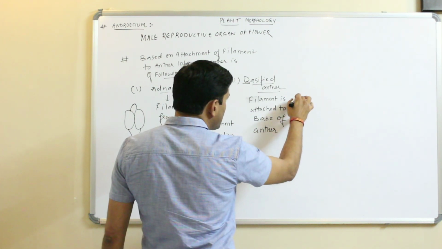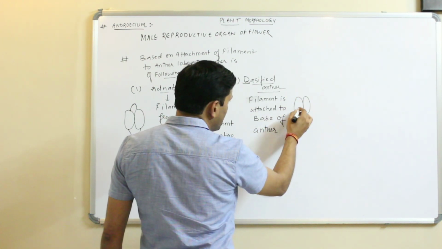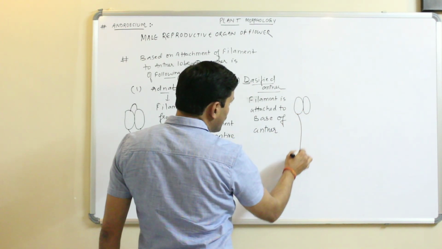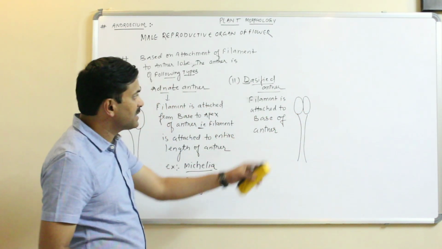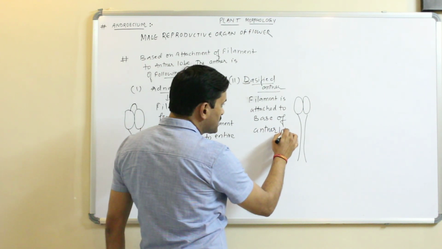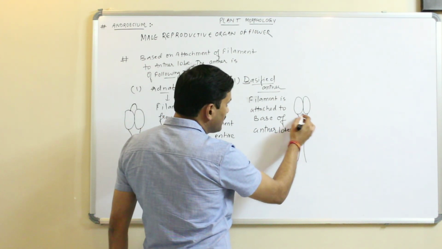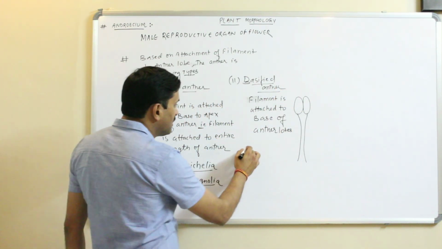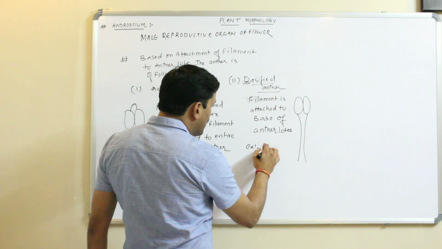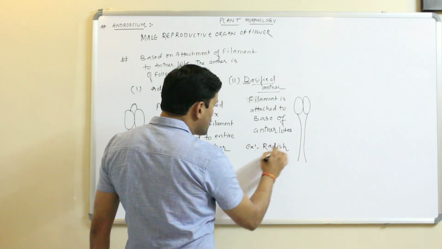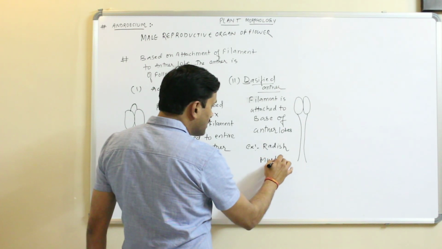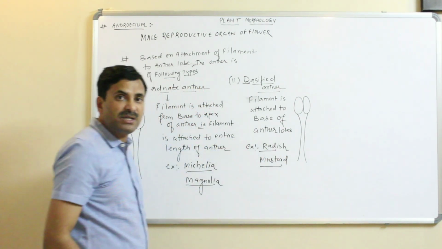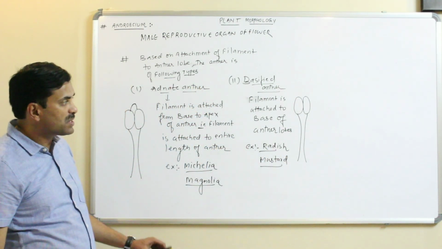It can be represented like this type. See, this is the anther, so the filament is attached to the base of the anther lobes. So this is a base fixed anther. The best examples are radish, mustard, etc.